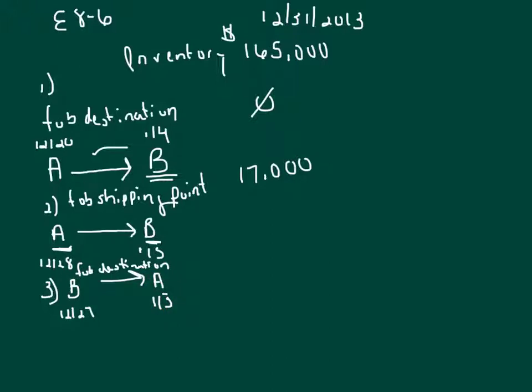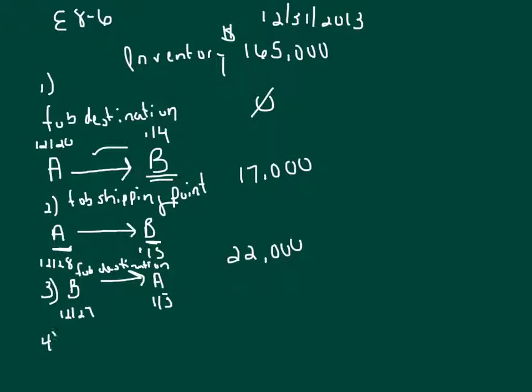So this one also we're going to include in inventory. Remember, it's based on the cost, not the sale. We treat the sale differently. So this $22,000 is also included in inventory as of 12/31.